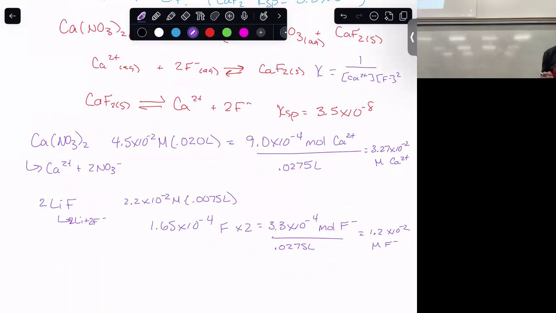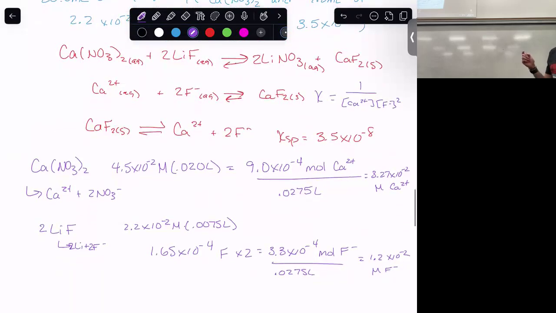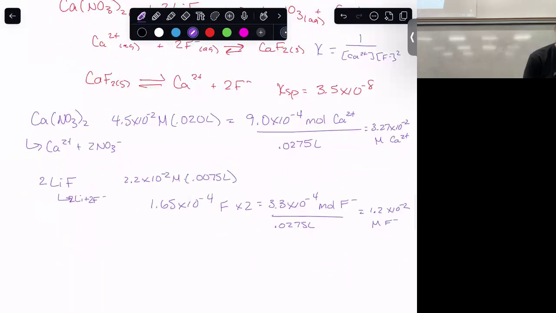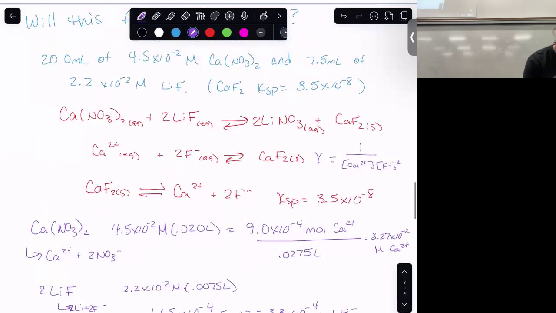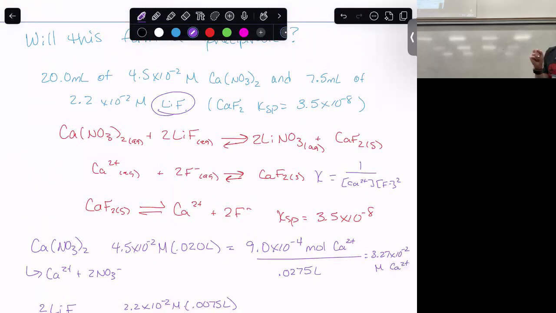I don't think we do, now that I'm thinking about this. I don't think we need to take that into consideration for the 2 now, because we're only given this for lithium fluoride. If we're just taking the concentration, we have 2 beakers, and this one has lithium fluoride.